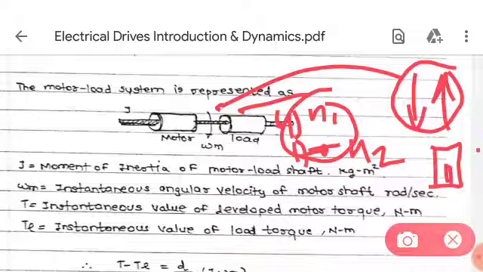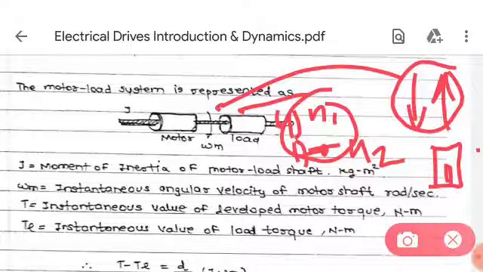Obviously one should also consider the efficiency of the transmission. If there are gears, they are obviously not transforming energy 100%. There is always some friction between the gear tips, and some loss is there. It is just similar to the copper loss and core loss of a transformer.